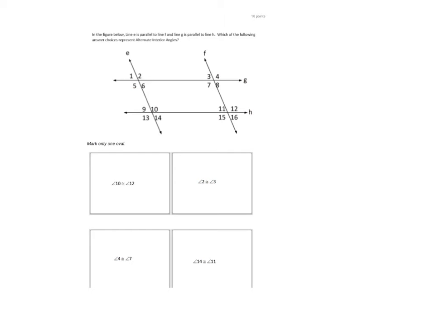Let's move on to the second question. In the figure below, line E is given to be parallel to line F, and line G is given to be parallel to line H. Which of the following answer choices represent alternate interior angles? So alternate interior angles are congruent.